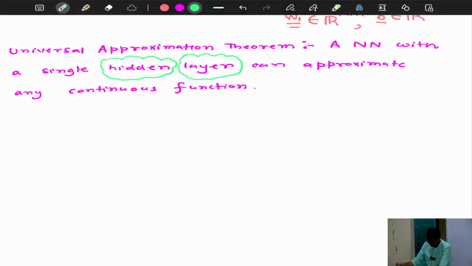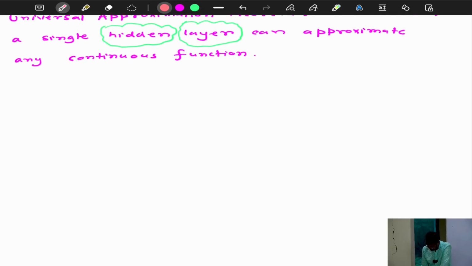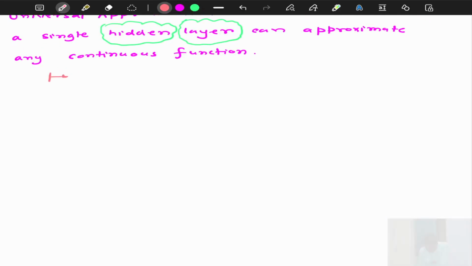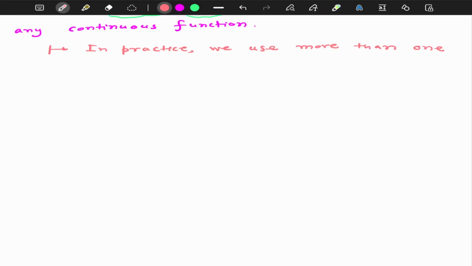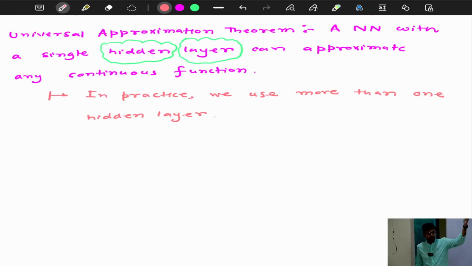So, coming back, in practice we use more than one hidden layer, because otherwise the number of neurons in that one hidden layer might be a very big number.